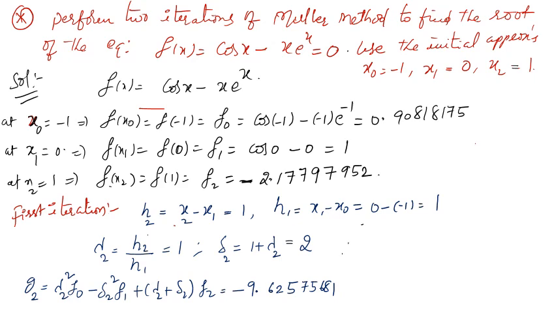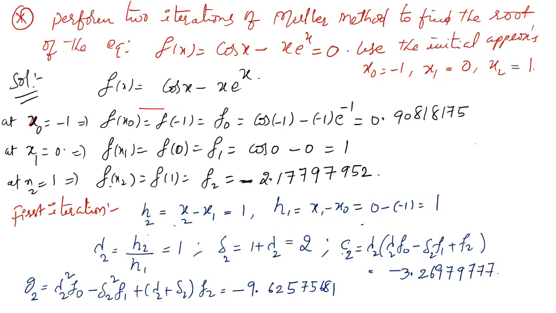And one more, what is that? c2. c2 formula is lambda 2 into lambda 2 f0 minus delta 2 f1 plus f2, and this c2 value is minus 3.26977.